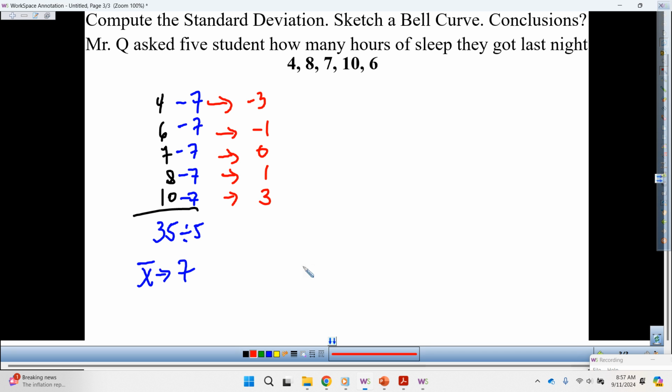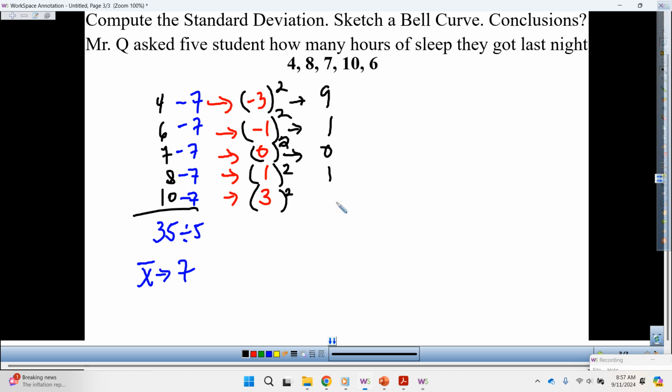Hands, have you got that? Pass them one. Square each one, so this is 9, 1, 0, 1, and 9. Pass them one.